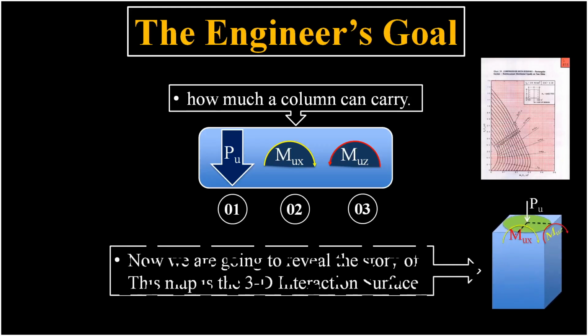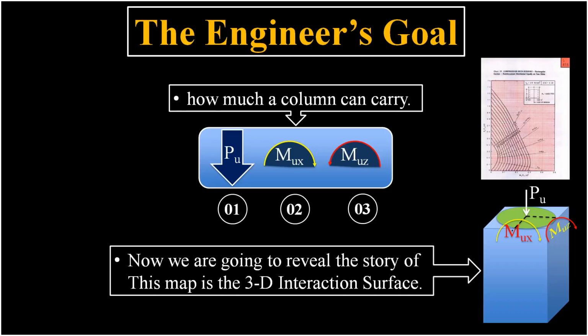When we design a column, we must ensure that the ultimate factored loads from the structure, consisting of PU, MUX, and MUZ, remain within the boundaries and close to this boundary of this 3D interaction surface for safe and economical design. Because safe and economical design is our main goal. This principle ensures the structural integrity and safety of the compression member. Now let's move to the next slide, for more explanation.